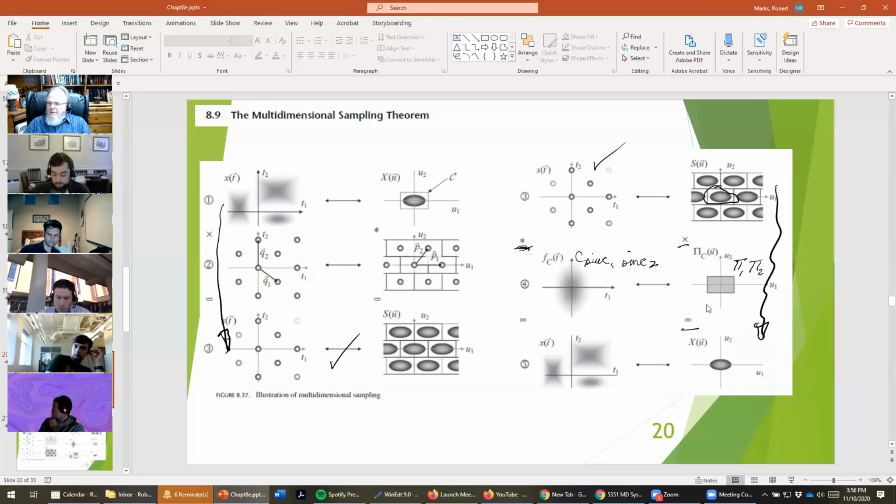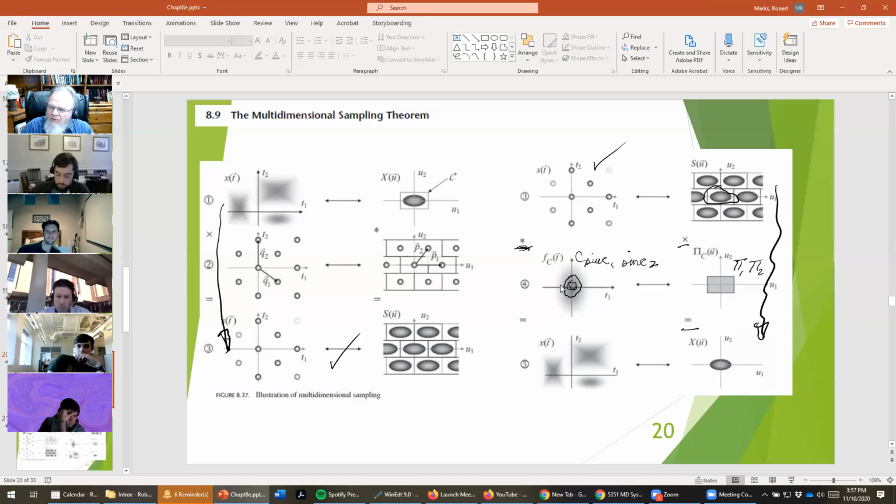So whatever the inverse Fourier transform of this is going to be some sort of function here. Let's denote that function by a circle or two circles. So what does that mean?